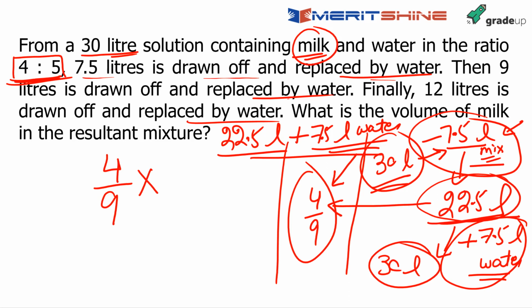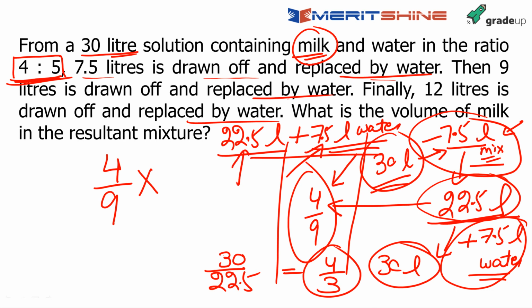Can I say that the proportion in which it increases is 30, which is 22.5 plus 7.5 upon 22.5? इसी proportion में increase हुआ ना? Or in other words, can I say that this is 4/3? This is an important step. All of you need to understand this. When I added 7.5 liters of water to 22.5 liters of the solution, the volume increases in the proportion of 4/3. Is that fine? This has to be fine with everybody.